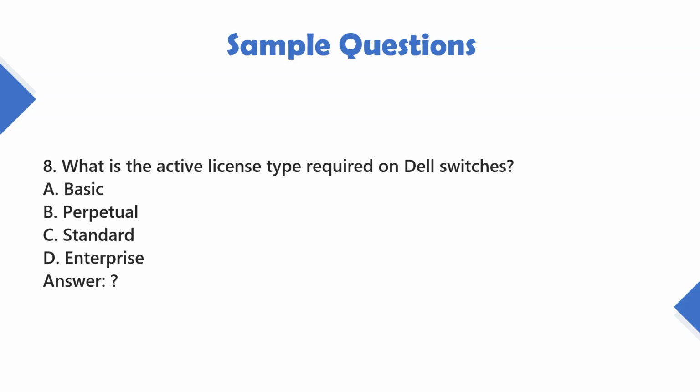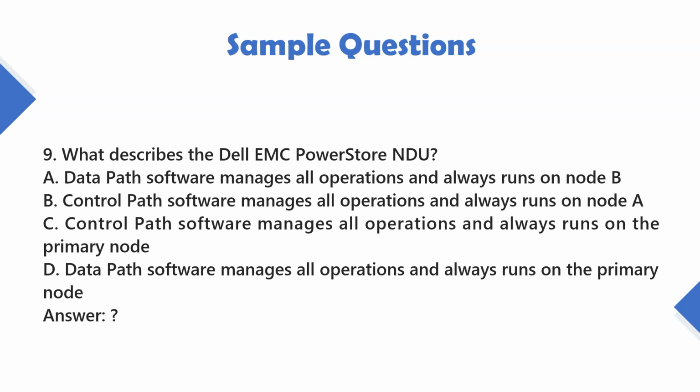8. What is the active license type required on Dell switches? A. Basic, B. Perpetual, C. Standard, D. Enterprise. 9. What describes the Dell EMC PowerStore NDU? A. Data path software manages all operations and always runs on node B. B. Control path software manages all operations and always runs on node A. C. Control path software manages all operations and always runs on the primary node.